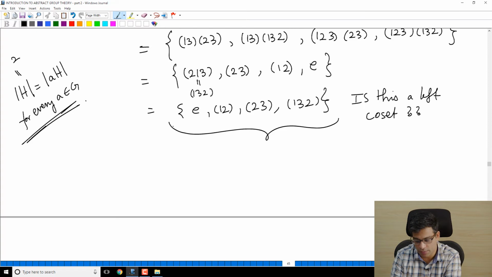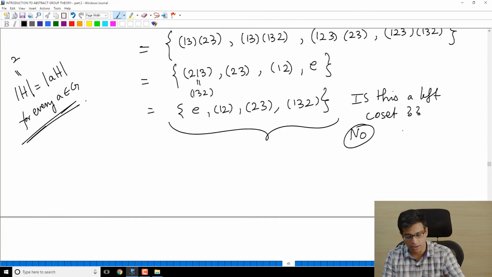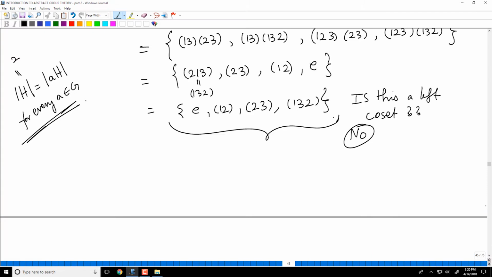But this has 4 elements, so this cannot be a left coset. This theorem was used in Lagrange's theorem and the counting formula. So this cannot be a left coset, which is too bad.